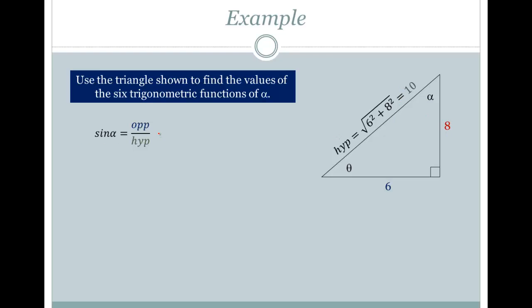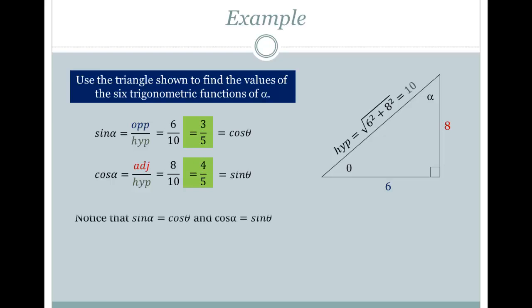For sine of alpha, I have opposite over hypotenuse, which is 6 over 10, which I can reduce down to 3 over 5. Let me just finish this up. The cosine of alpha is 4/5.